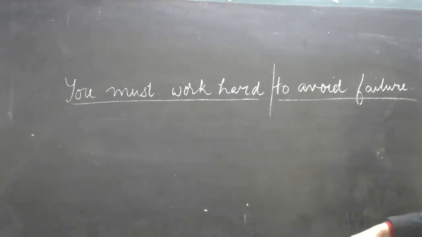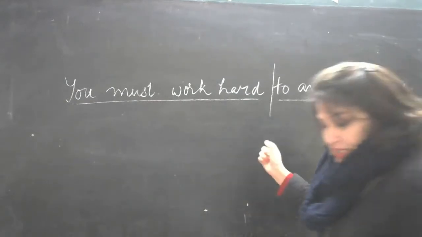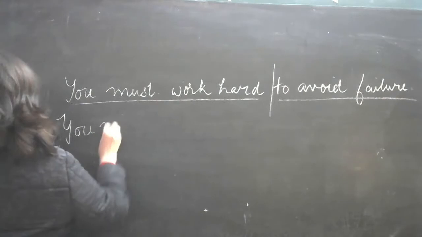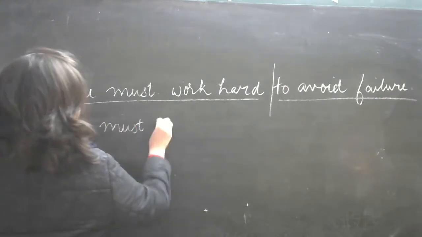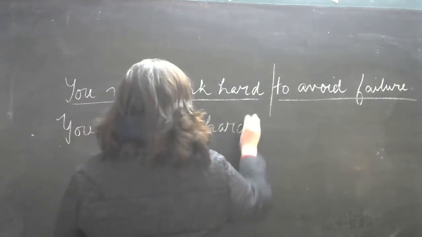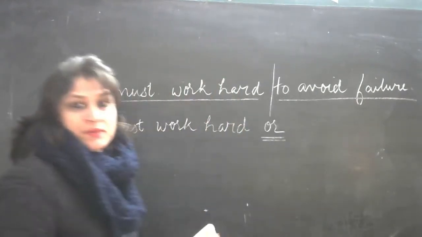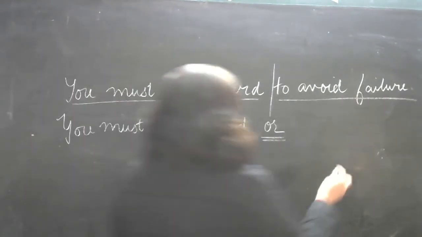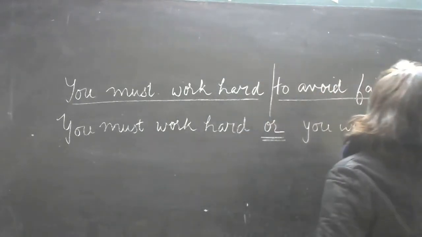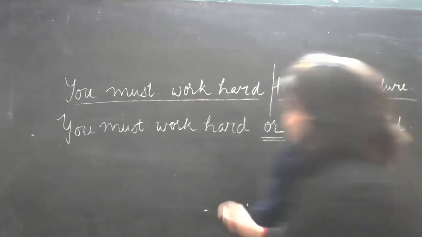Now what you need to do is you have to take a conjunction and join it. You have to change the sentence. For example, it will be, you must work hard or. Now this is a conjunction, right? Or you will fail. Now you have to understand one thing.